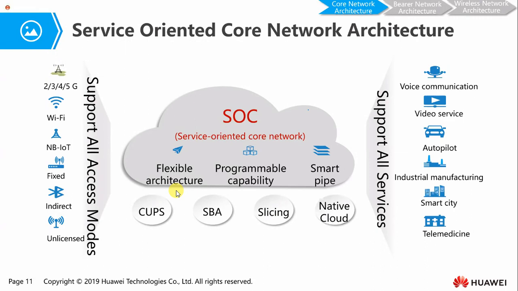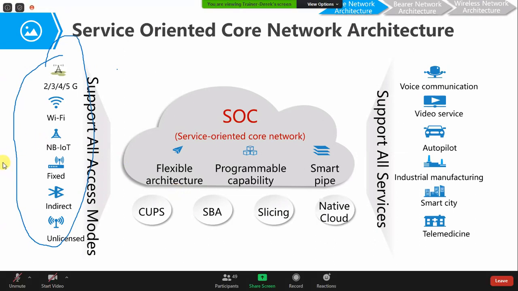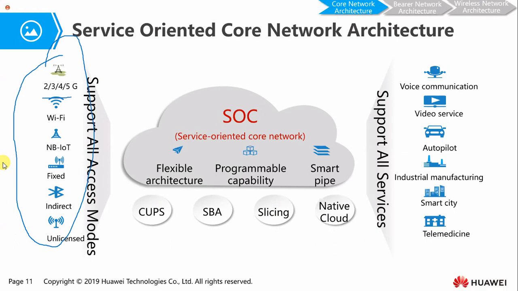It means that this core network can accept all kinds of radio access, like 2G, 3G, 4G, 5G, NB-IoT, and some LPWA low power wide area technology, and it can also accept different networks.